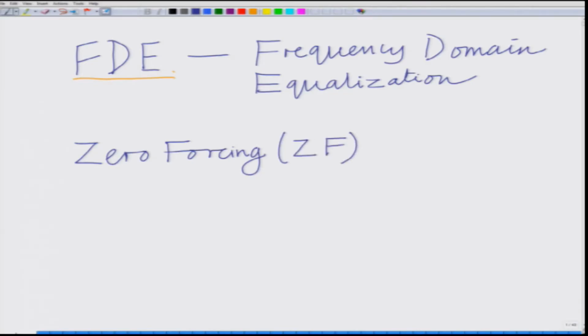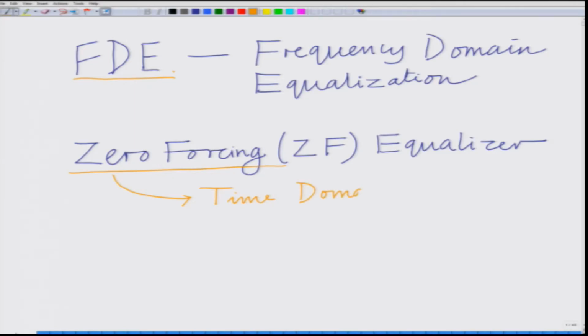Previously we have also seen the zero forcing equalizer, and you can think of it as basically a time domain equalizer.